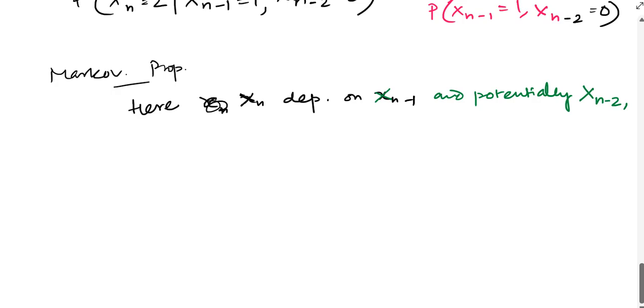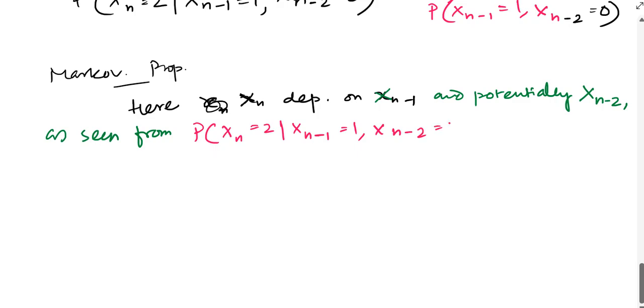So as seen from probability of Xn equals 2 such that X(n-1) equals 1 and X(n-2) equals 0, that is equal to 1.